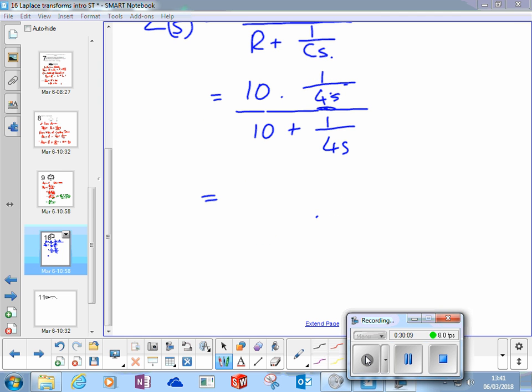What can we do with the top line? 10 times 1 over 4s is... I wouldn't do that yet. Write it like that. You'll see why in a minute, Ed. Alright, 10 plus 1 over 4s.